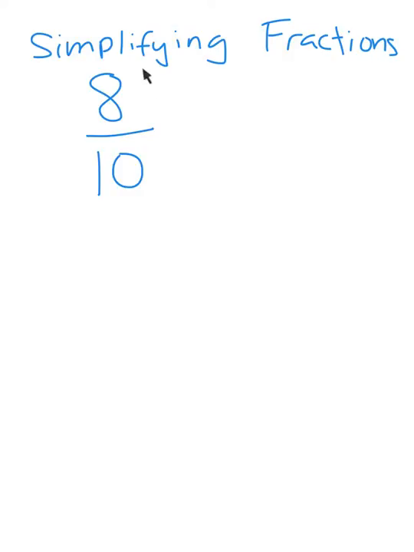All right, let's start. Let's look at our first example of a fraction, 8/10. So I want to simplify this down to its smallest form. What I'm going to do is I can think of 8 as being 2 times 4. And I can think of 10 as being 2 times 5.